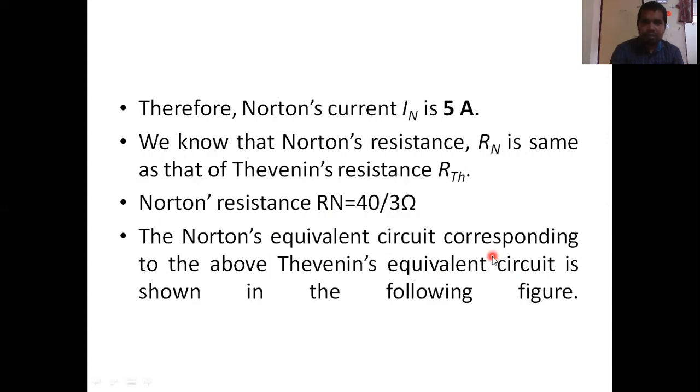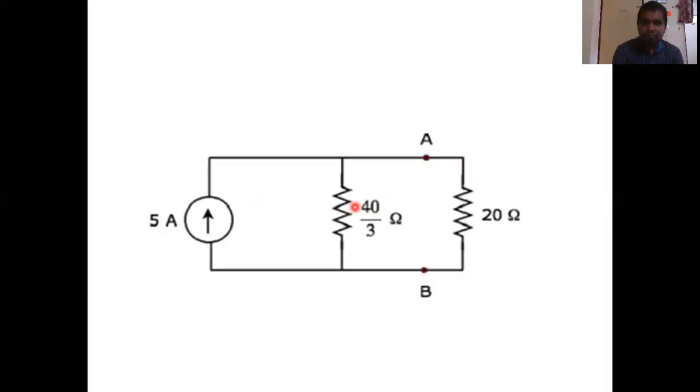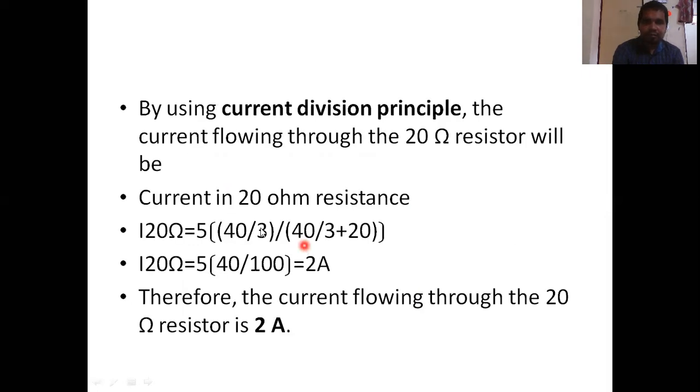Now you just substitute them in the circuit. What you will substitute: the Norton current and RN, connected to the load. Simple, right? For the current in this branch, the opposite resistance is divided by the sum of the two, then multiplied by the total current.